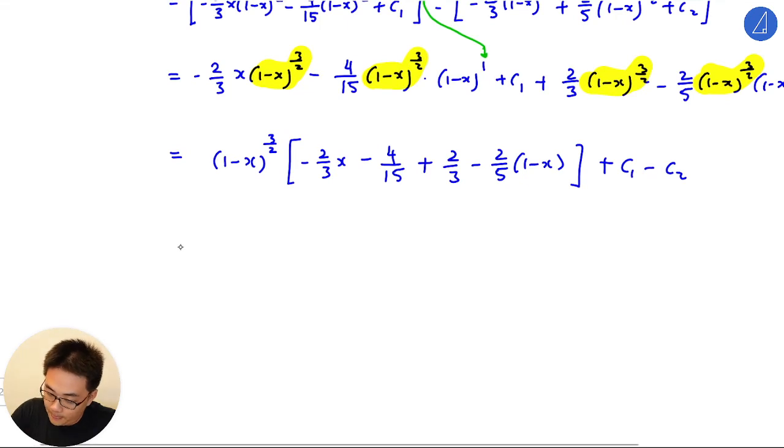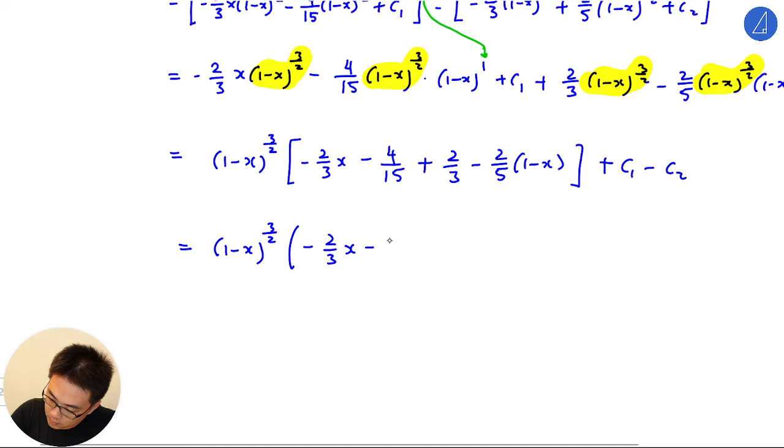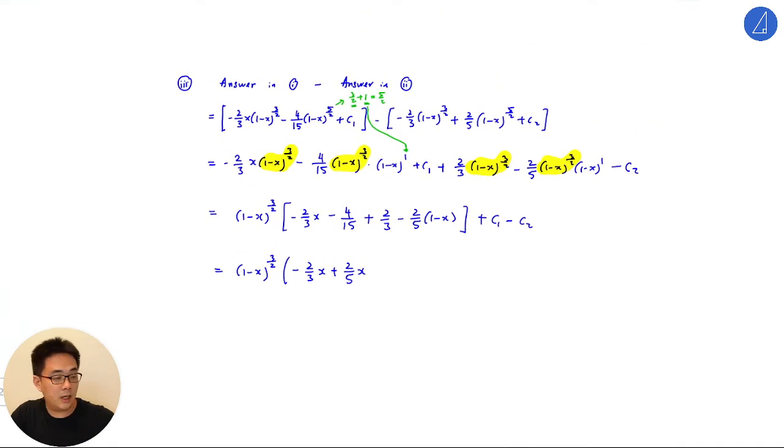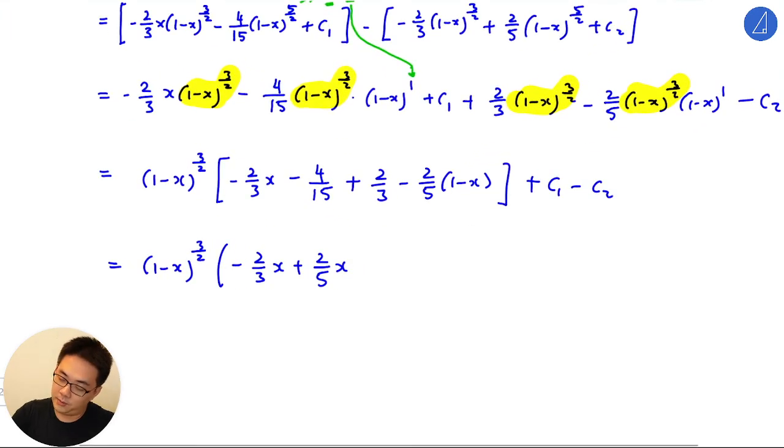So we see whether there is any calculation mistake.